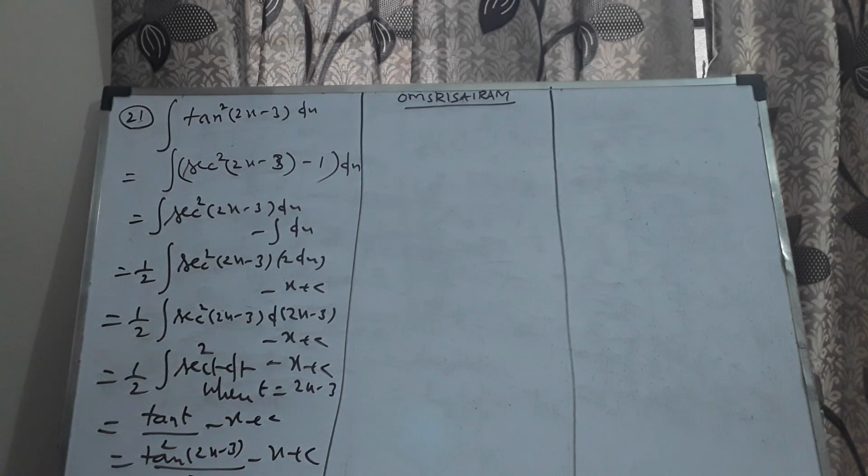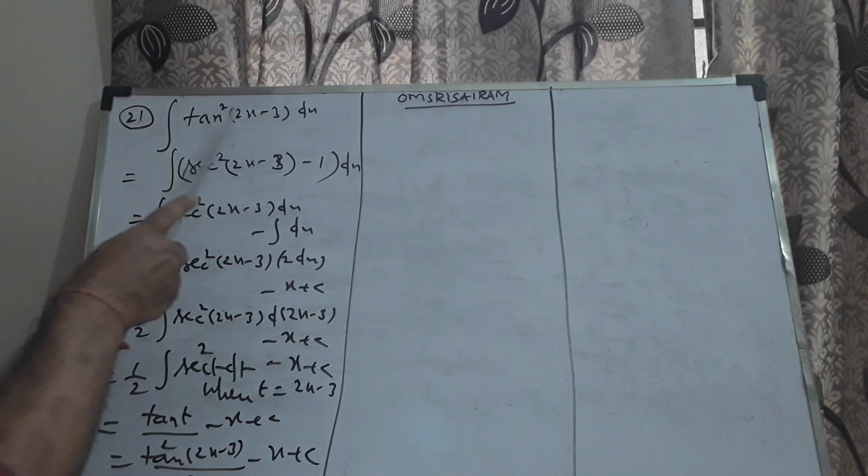You can even do it as a direct formula: tan of 2x minus 3 divided by the derivative of 2x. In the derivative I will have into 2, therefore in integration divide by 2. That also is allowed. Since it comes under the substitution method, I am doing this method.